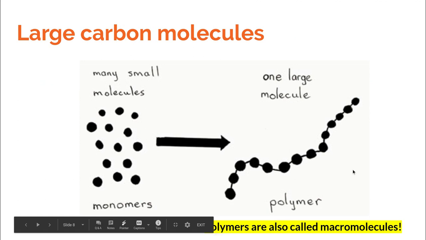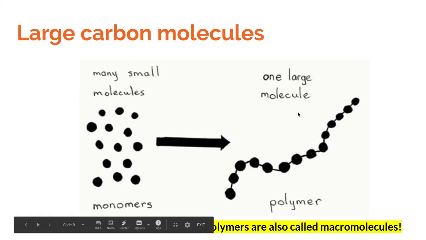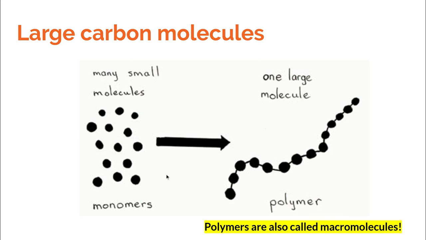We also call these macromolecules, one large molecule. But in order to make these big molecules, they're made up of many smaller molecules, smaller pieces, and those are called monomers. So when we're talking about really big carbon molecules, we can see a large molecule and break it down into smaller pieces that are called monomers.